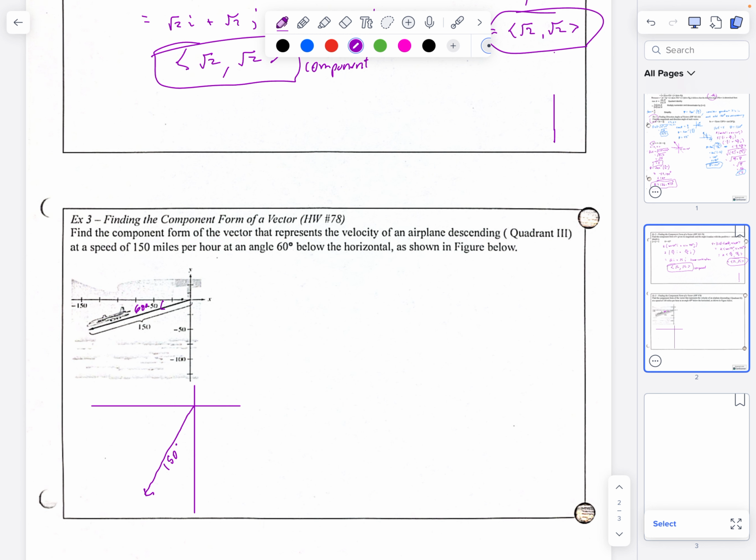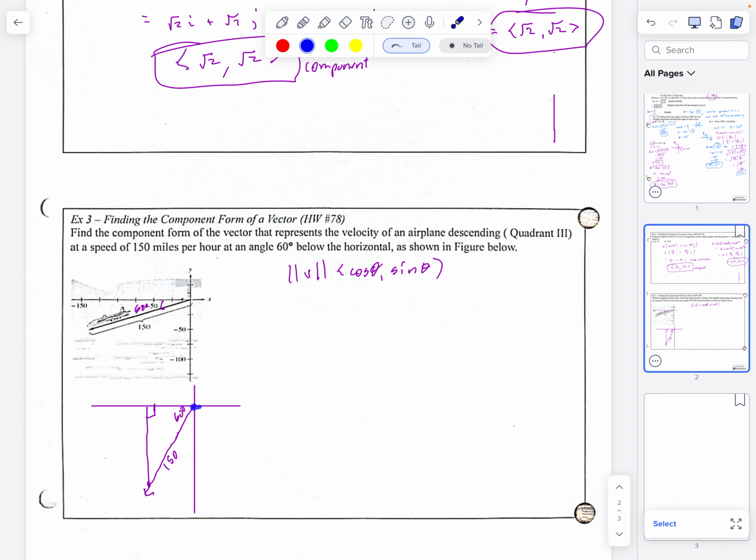And so theta needs to be 180 degrees plus the 60, so theta goes all the way from here to here, and it's 240 degrees.